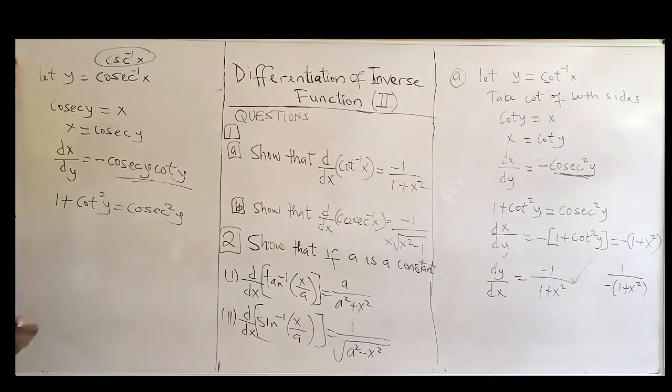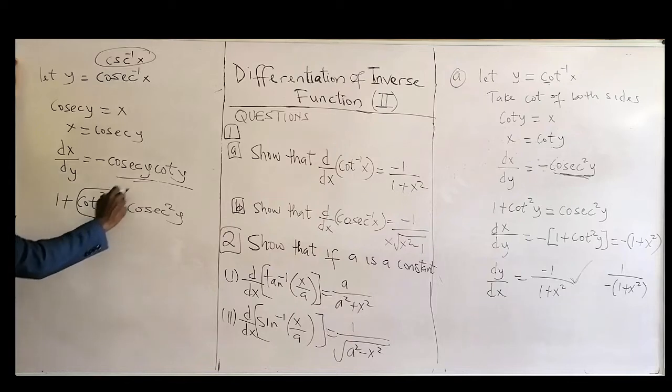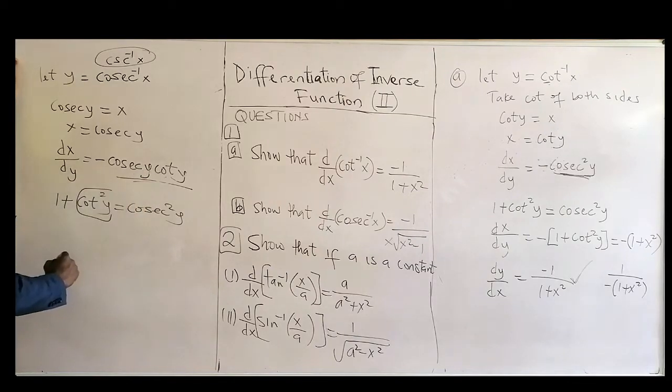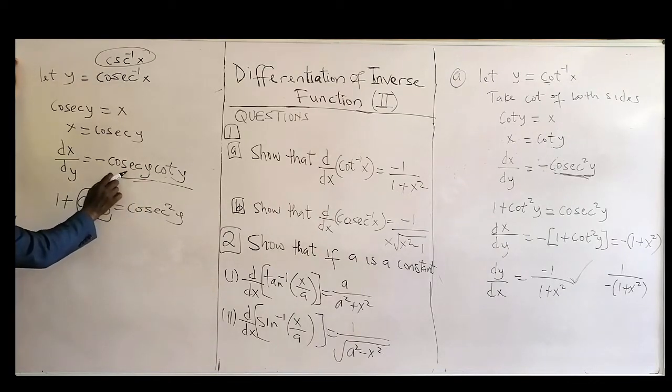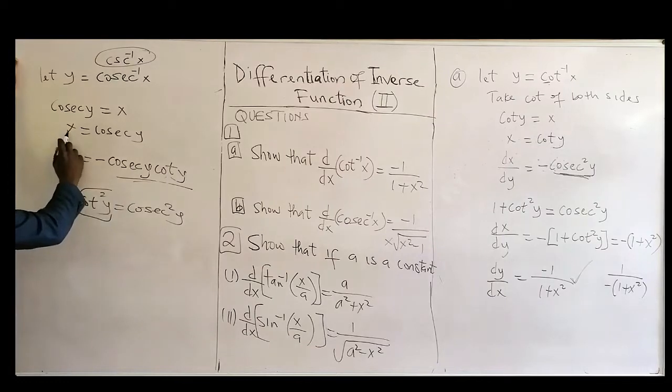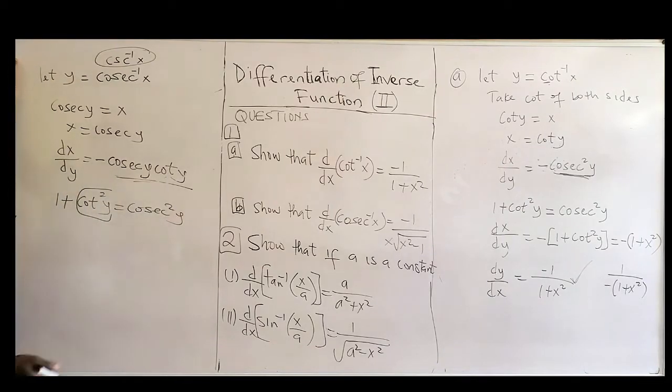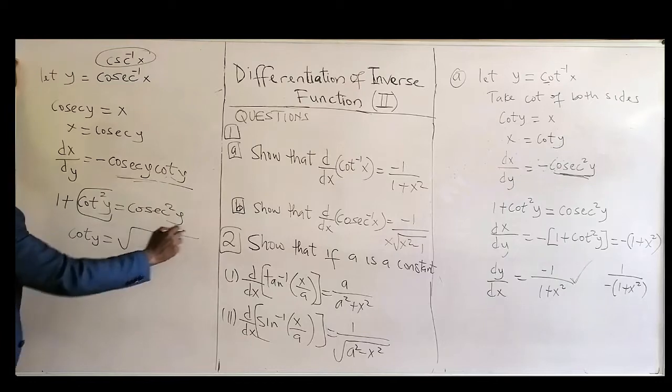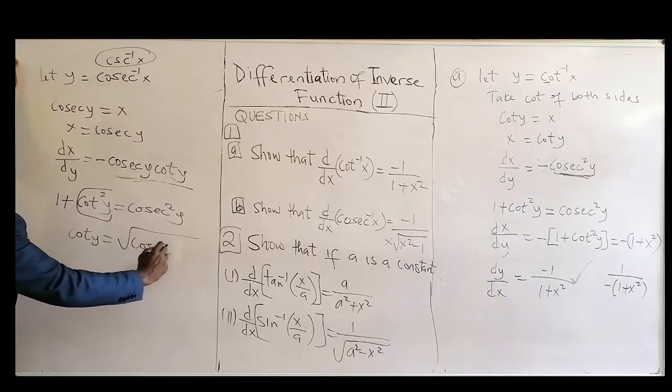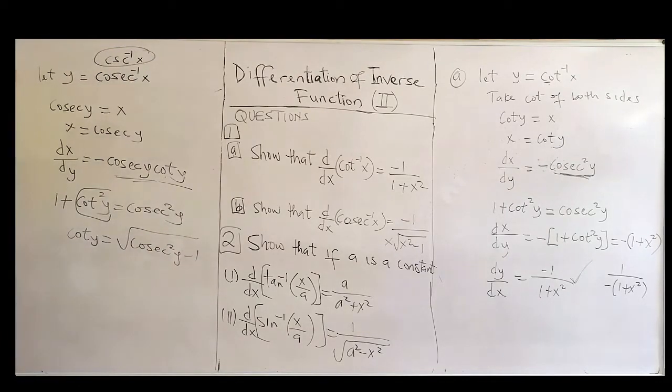So we can make cot the subject because it's the cot we want to move. We already have the replacement for cosec here, which is x. So we want everything here to be all x. Taking the square root, cot y is equal to the square root of cosec squared y minus 1.